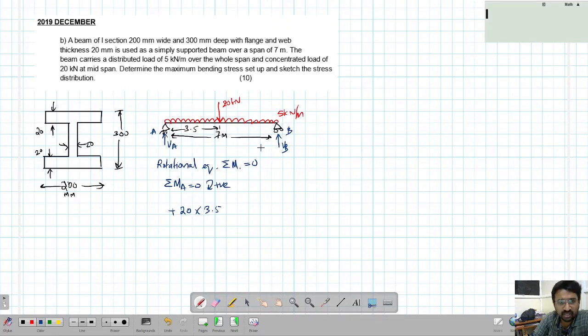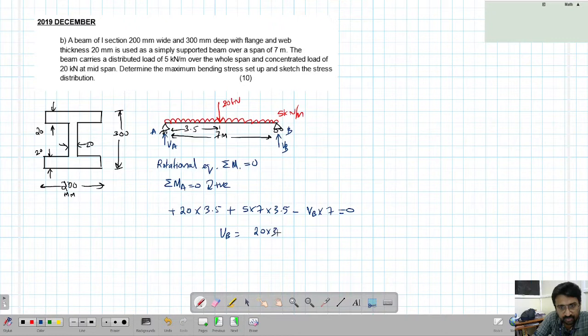Then the magnitude of UDL is 5 into 7, and the resultant will be acting at the center, so the moment arm will be 3.5. This also is clockwise, so positive. Then we have VB into 7. Now VB is trying to rotate in anti-clockwise direction, so it's minus, equal to 0.